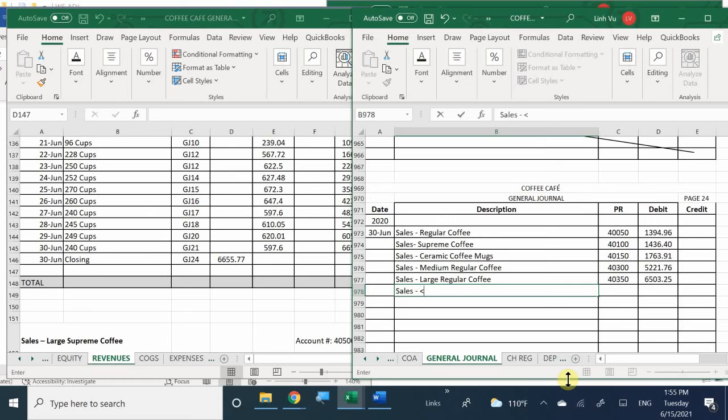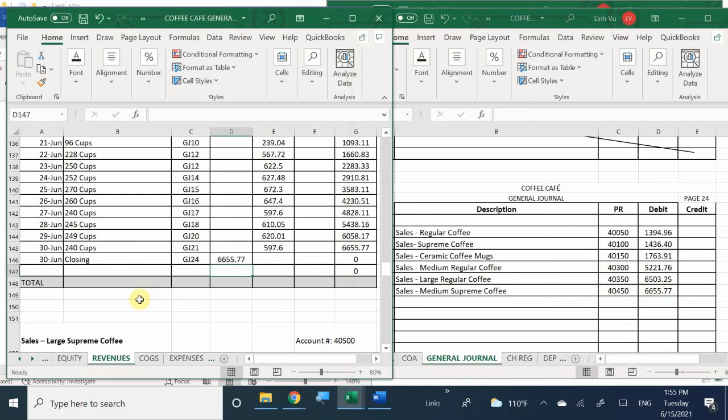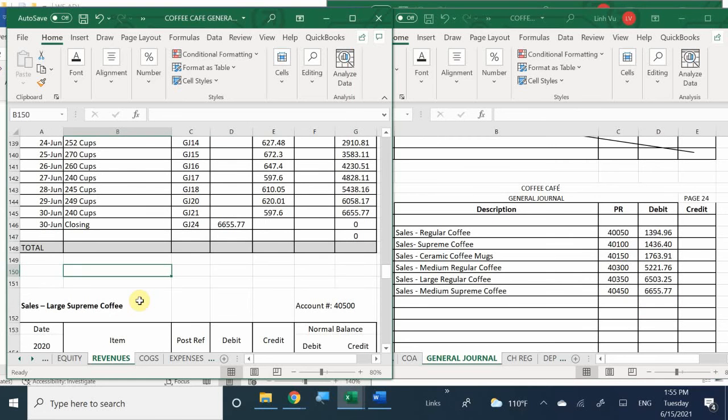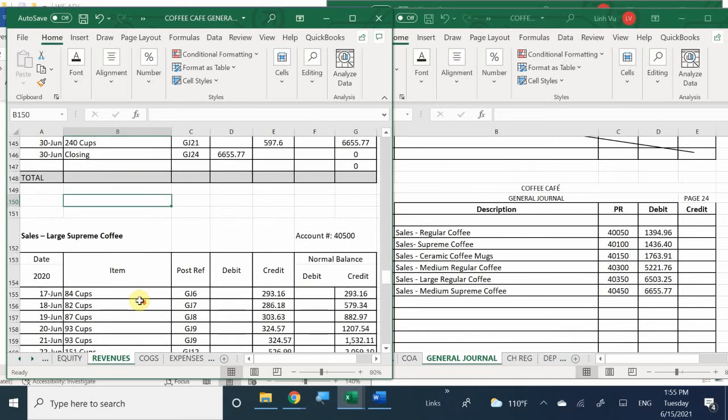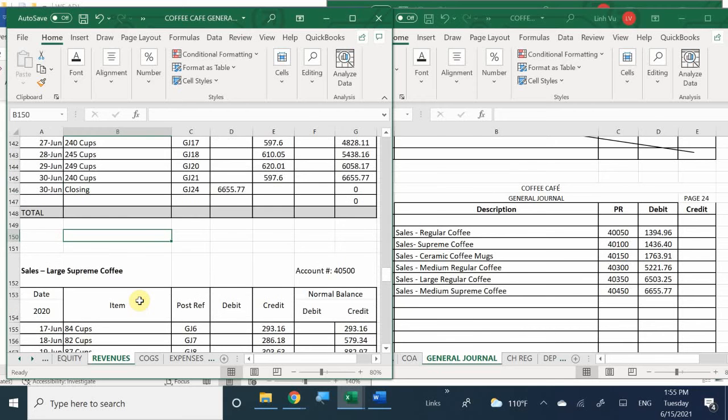So sales for the medium supreme coffee for $6,655.77.